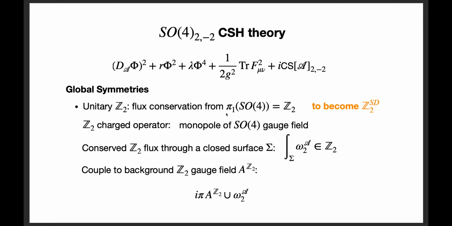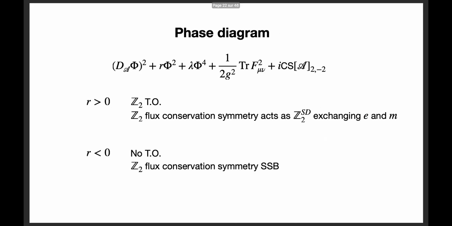For that, we add an additional topological term to the theory, i pi times the background A cup product with W2, the Stiefel-Whitney class. Okay, that's the symmetry. So our field theory looks very unconventional, but it only has two discrete global symmetries, so it has a very small emergent symmetry.